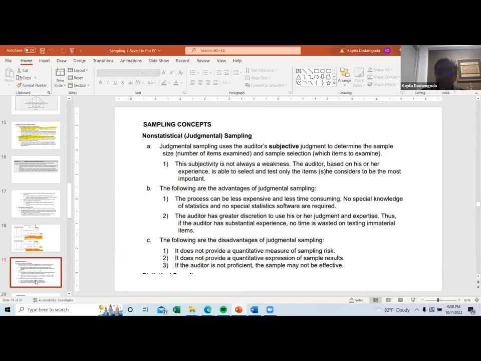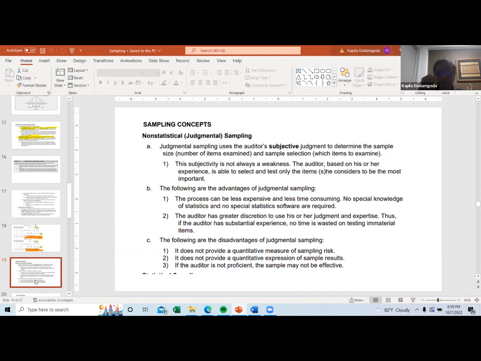The second decision that you're going to make is how exactly you are going to pick the sample. We are going to discuss that later: whether you are going to choose them purely randomly or use some very specialized technique. So there are different ways of picking the sample.